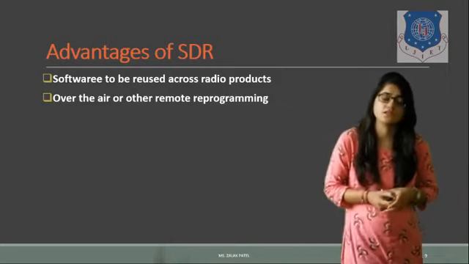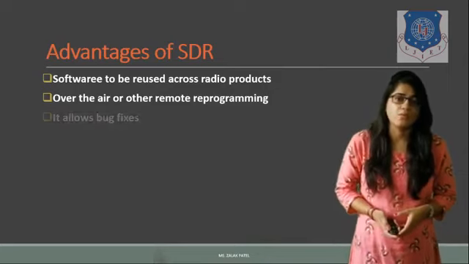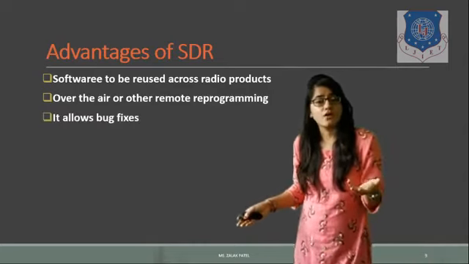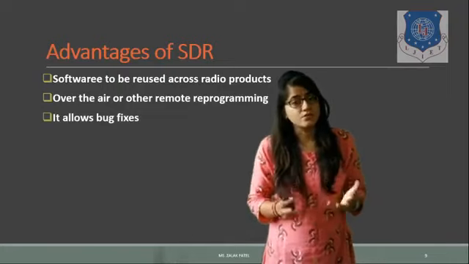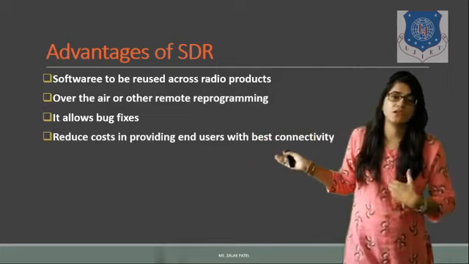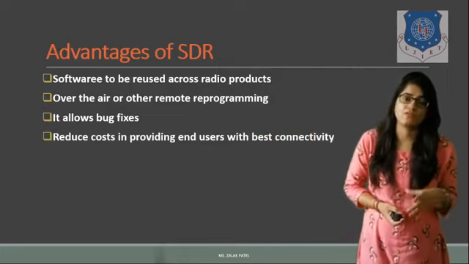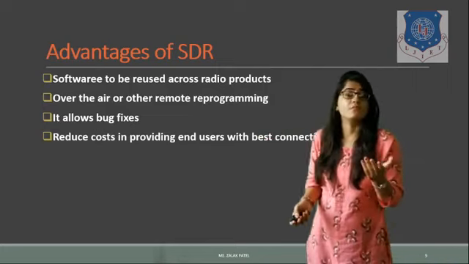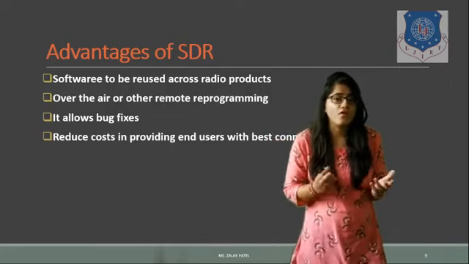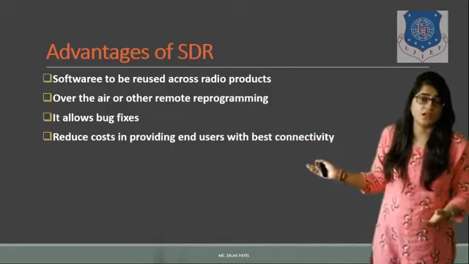You can remotely change and reprogram the complete network. It allows bug fixing, means diagnosis of the error is possible and it can also be resolved. Here, reducing the cost for the end user is provided, and it also provides the best rate. If it provides the best rate, then it obviously offers the best connectivity also.